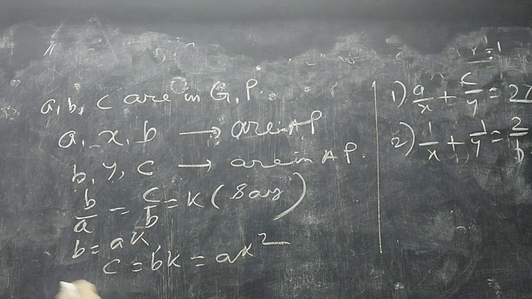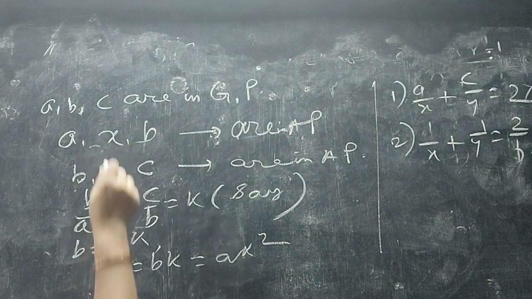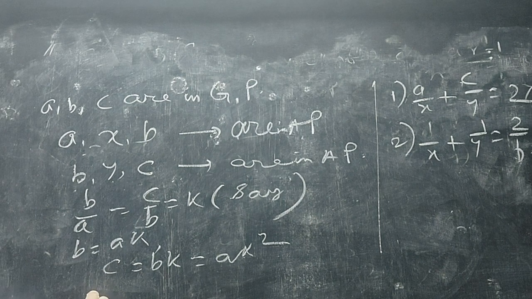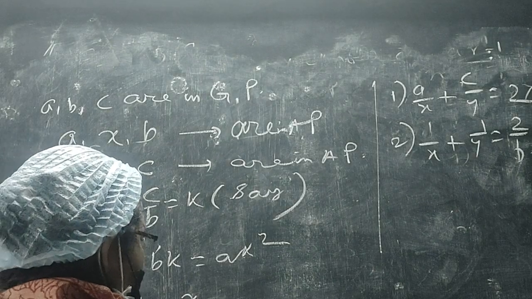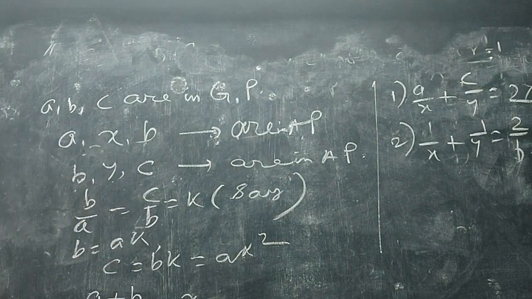And X, Y are the arithmetic means, that means A plus B by 2 is equal to X. So I can write X equal to A plus AK by 2, this equal to A into 1 plus K by 2.